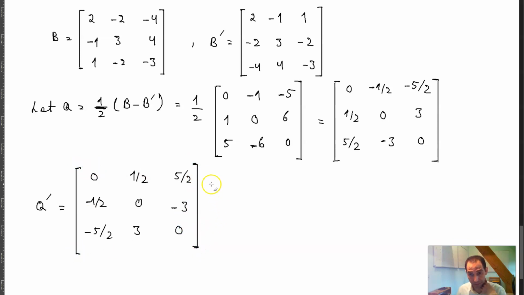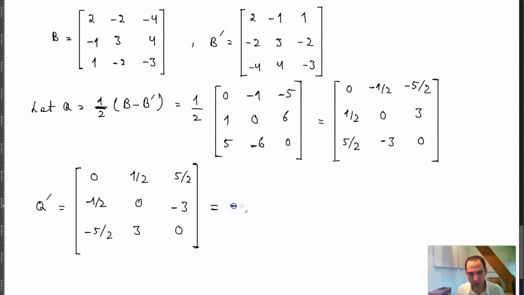And as you can see, if you compare this matrix which is Q and this matrix which is Q prime, so you have -1/2, 1/2, -5/2, 5/2, basically 1/2, -1/2, 3, -3, 5/2, -5/2, -3, +3.